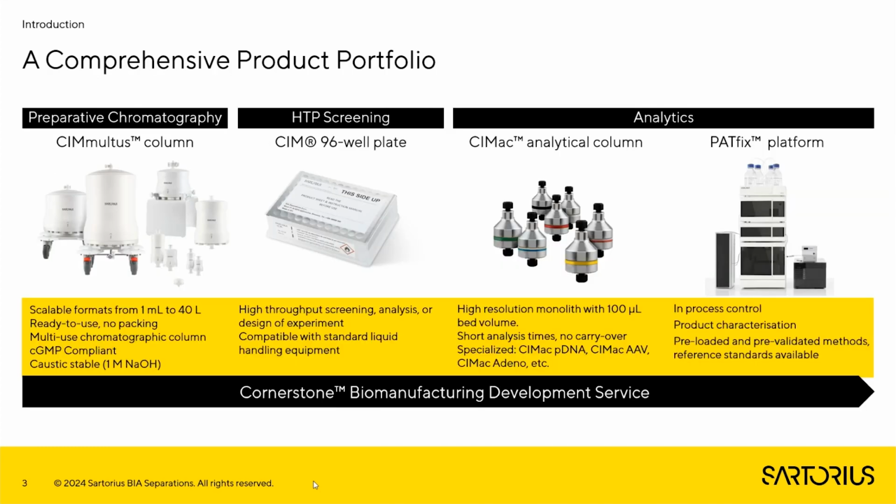The comprehensive product portfolio covers preparative chromatography columns designed for efficient purification processes, high-throughput screening devices, and analytical solutions, including our CIMac analytical column and the PatFix platform, tailored for precise monitoring and control. All of these offerings are underpinned by the monolith technology, very well known for its high flow rates, high binding capacities, and high yields. Furthermore, our offerings are complemented by cornerstone biomanufacturing development services, which we will explore a little bit more in detail in the upcoming slides.